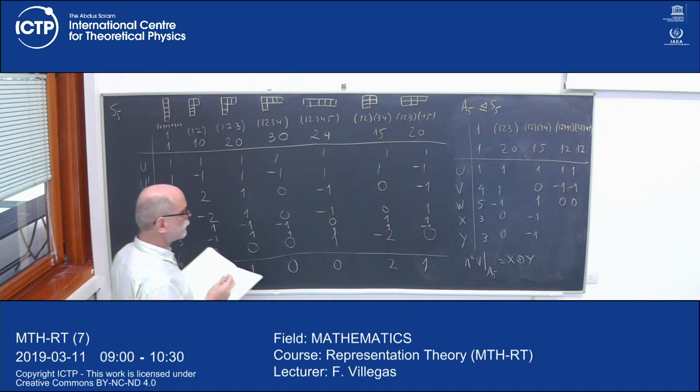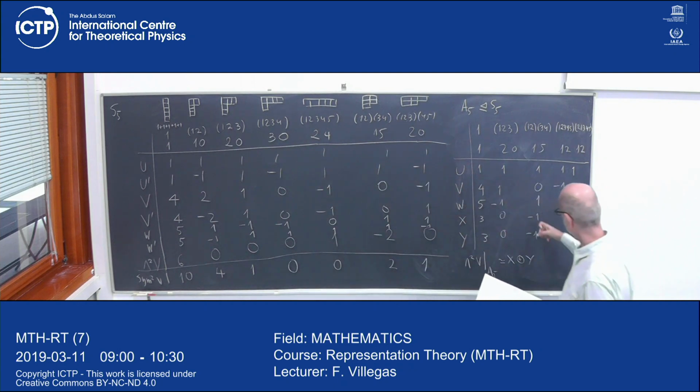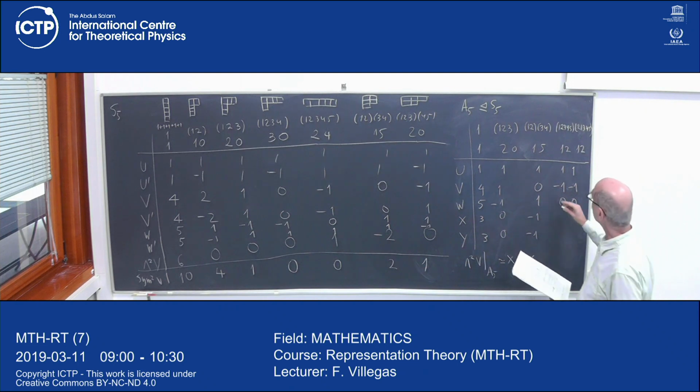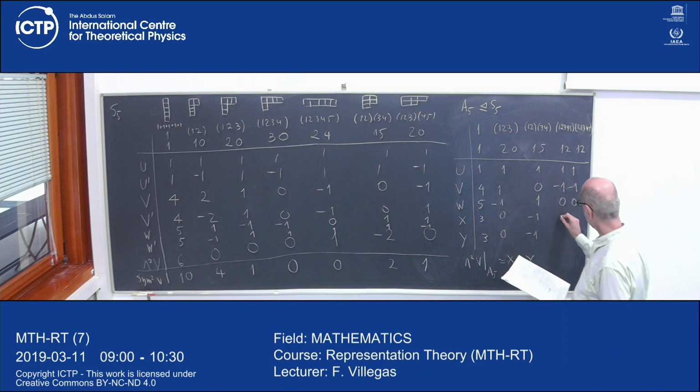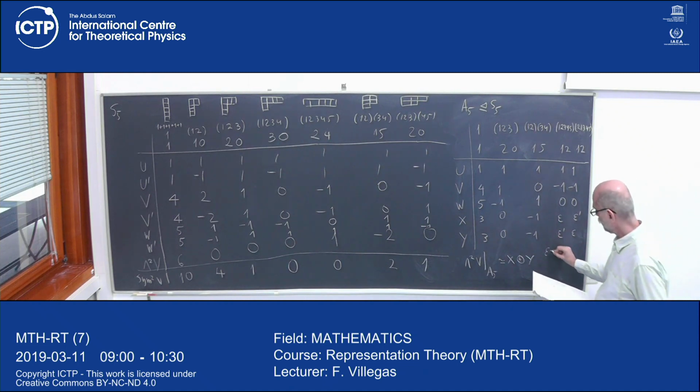This -2 that we have here becomes the sum of -1 and -1. And these two things become epsilon and epsilon prime, where epsilon is the golden ratio, (1 plus root 5) over 2, or anyway related to the golden ratio, and epsilon prime is (1 minus root 5) over 2.